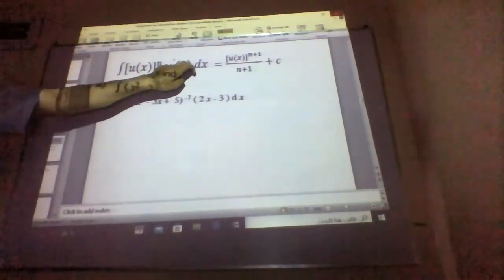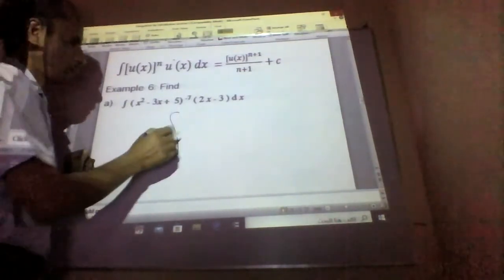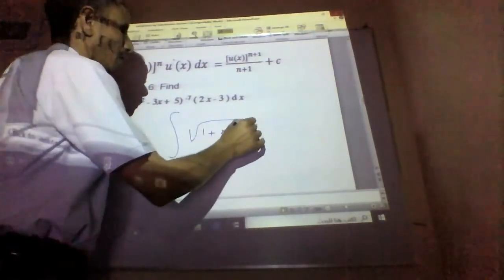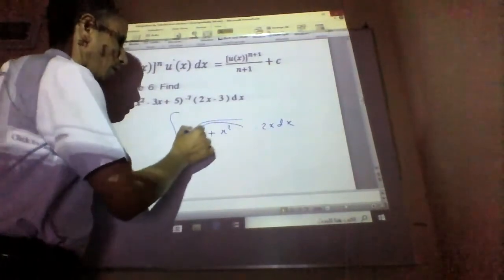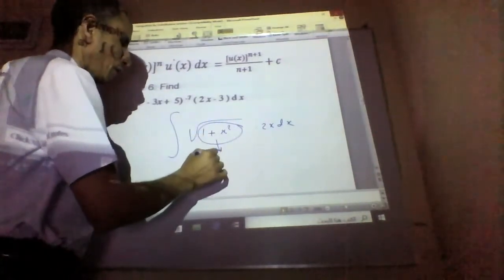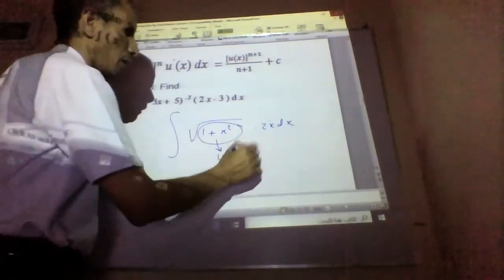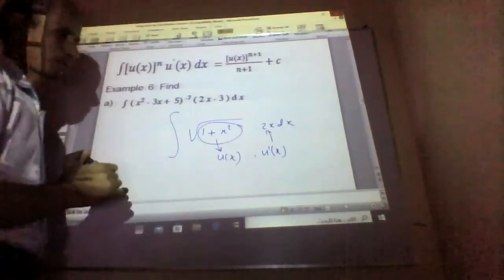I want to apply this rule to the previous example. The previous example was the integral of the square root of 1 plus x squared times 2x dx. Look here. If you have u of x equal 1 plus x squared, the derivative u dash of x will be 2x.